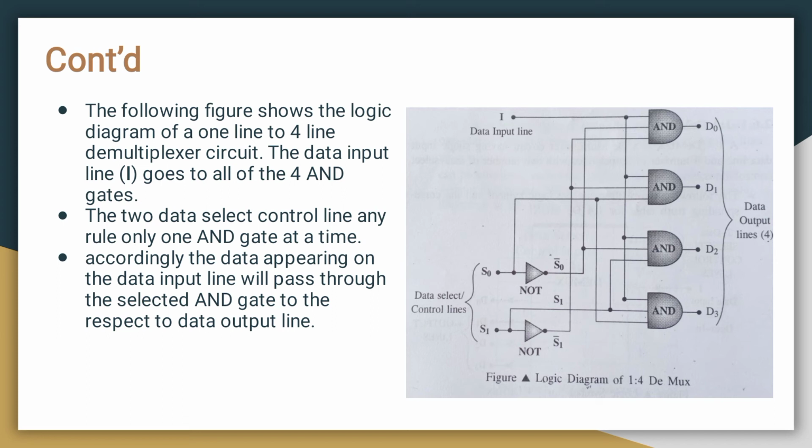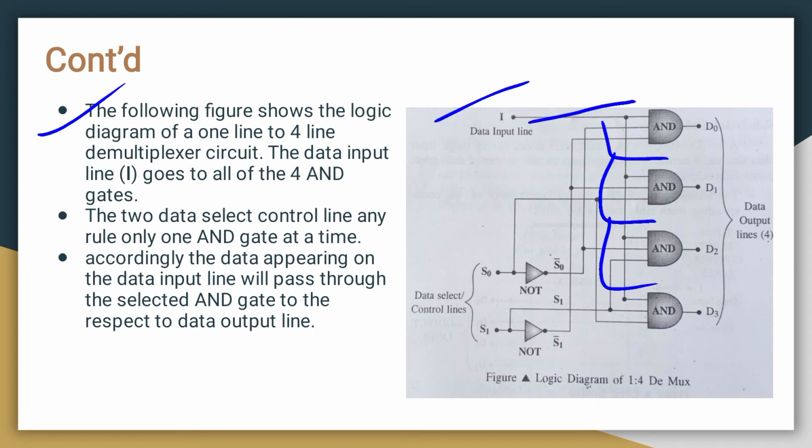So let's see the logic diagram of a 1 line to 4 line demultiplexer circuit. The data input line is I. This one goes to all the 4 AND gates. See, it will go here, then here, then here and here. Clear?